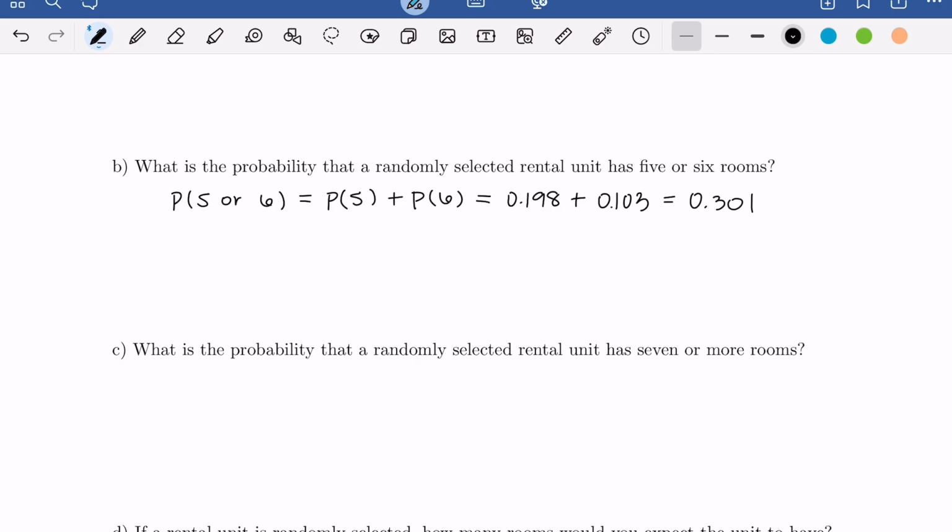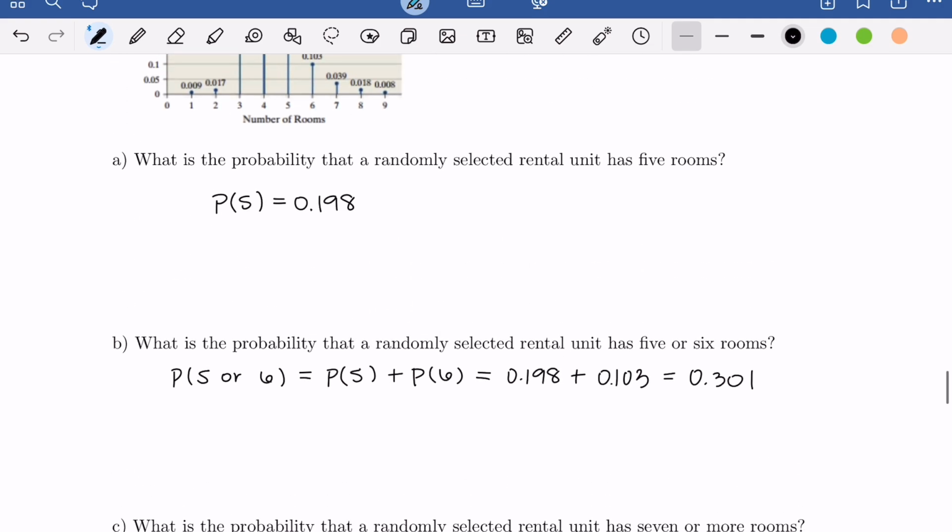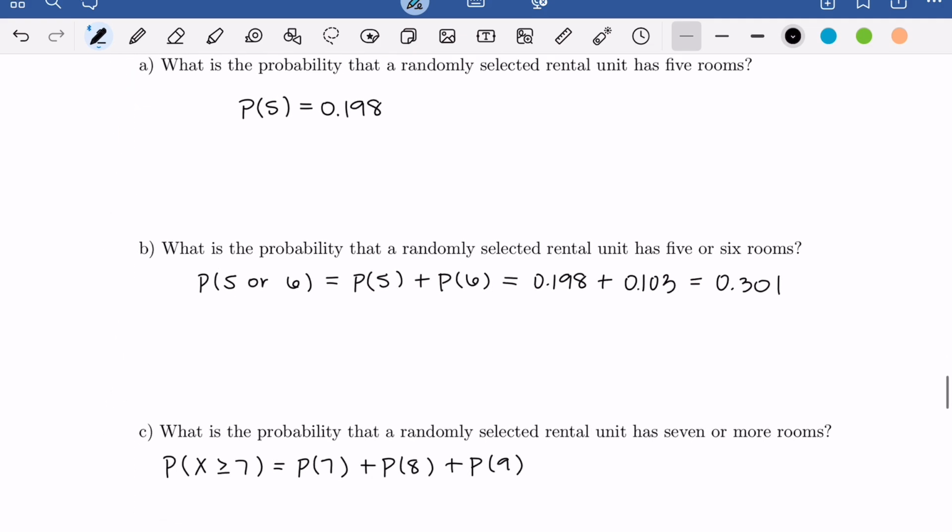Part C is similar. What is the probability that a randomly selected rental unit has 7 or more rooms? So in this case, the probability that our randomly selected rental unit, given by the discrete random variable x, is greater than or equal to 7. We saw this in the last problem. This is going to be the probability of 7 plus the probability of 8 plus the probability of 9, and that's our highest amount of rooms there.